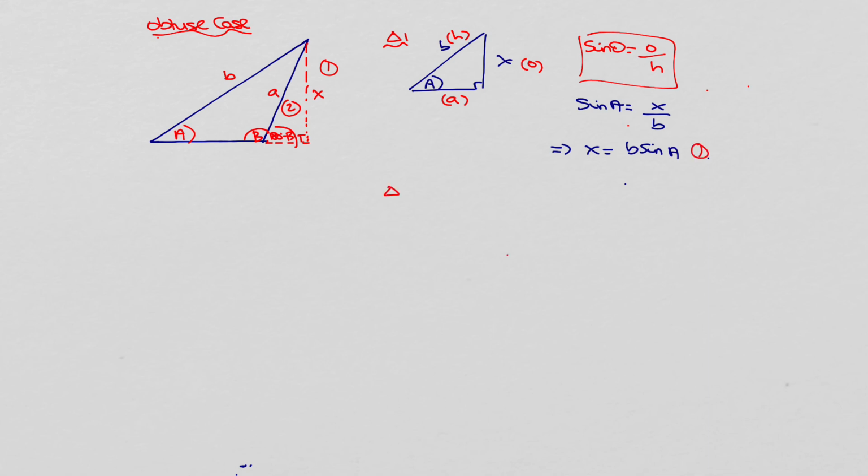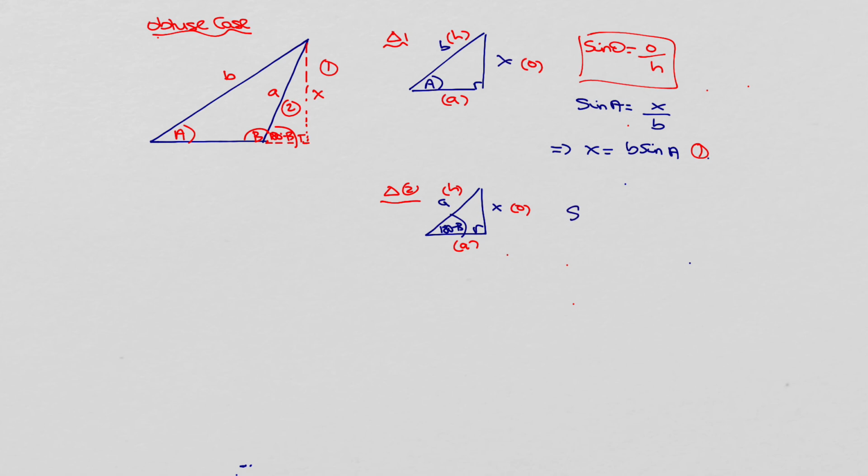And then if we look at triangle 2, we have 180 minus B, A and X, opposite, hypotenuse and adjacent.